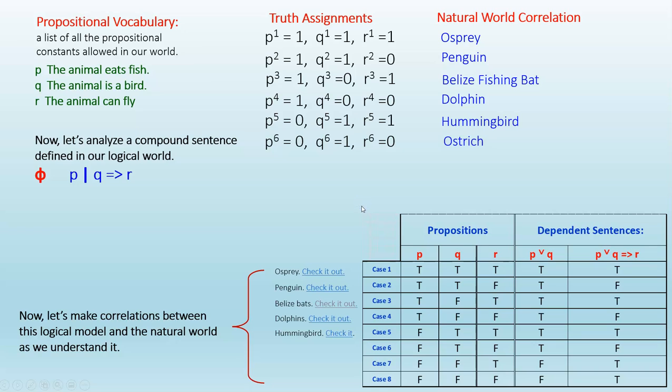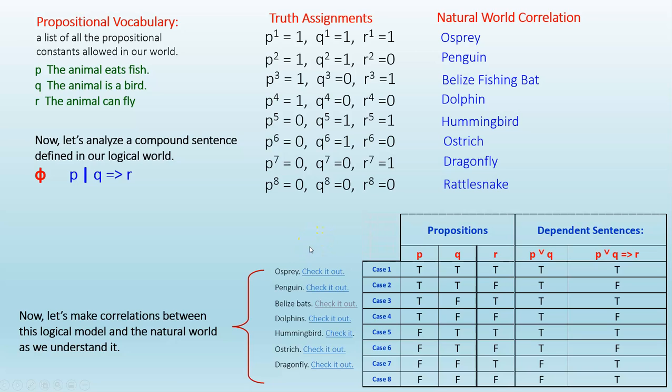That's an ostrich. Here's an example of the 7th case, which is animal does not eat fish, animal is not a bird, but the animal can fly. Well, that's a dragonfly. It doesn't eat fish, it's not a bird, but it can fly. And here's an example of an animal that does not eat fish, it's not a bird, and it cannot fly. Well, that's a rattlesnake.